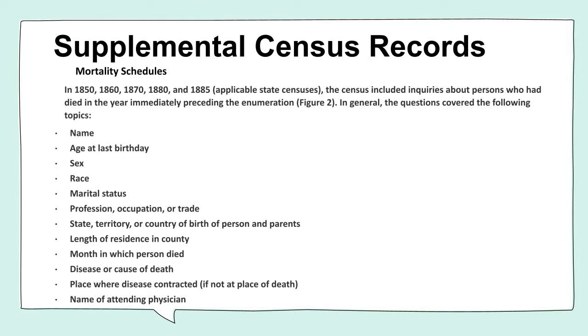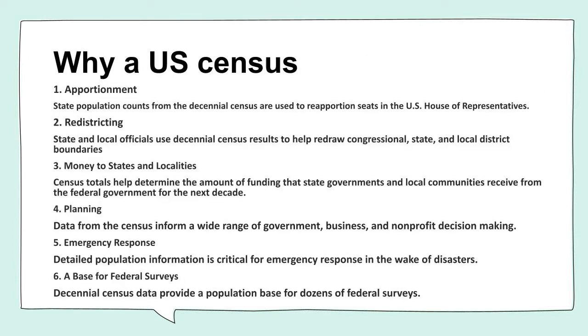Name, age at last birthday, sex, race, marital status, a biggie, professions, occupation or trade, where the person lived, or the country of birth of the person or the parents, the length of residence in the country, the month in which the person died, and the disease or cause of death, or the place where the disease was contracted, if not at the place of death. And an interesting one here is the name of the attending physician. So again, as you go through these topics, you can do some more research relative to what you find here.